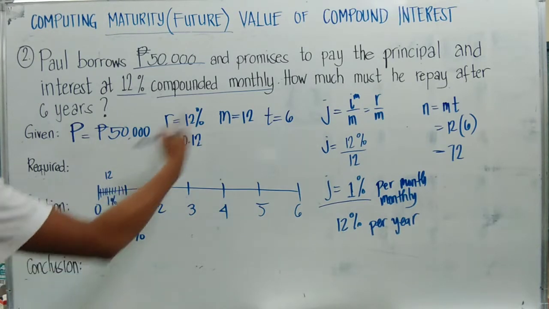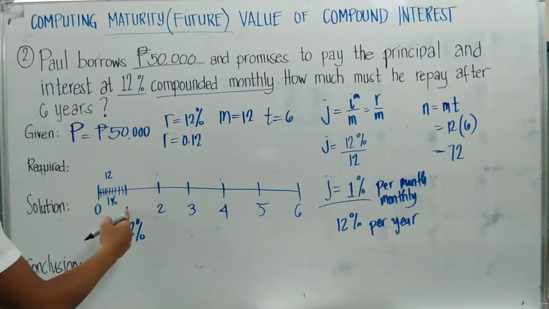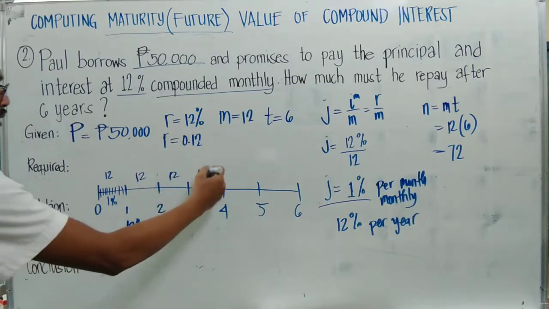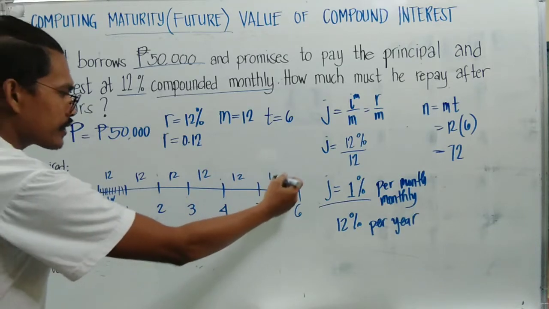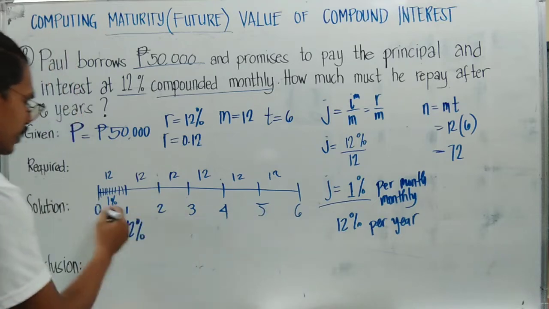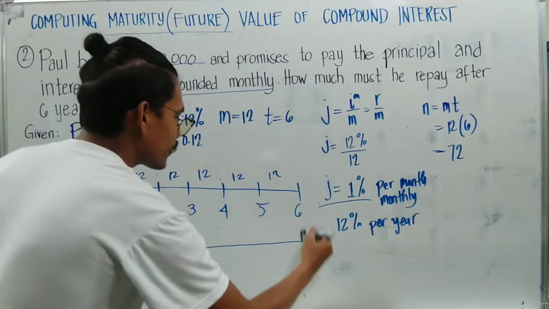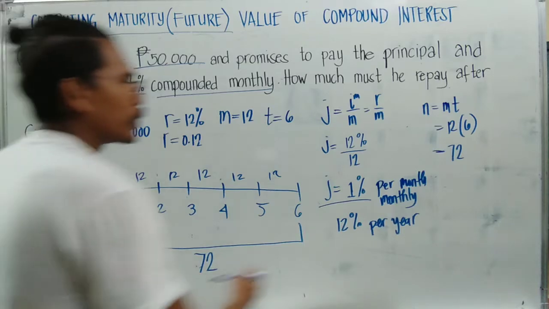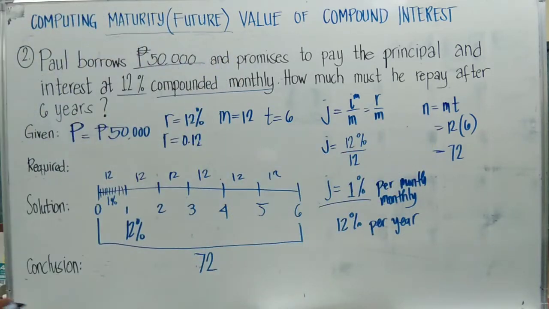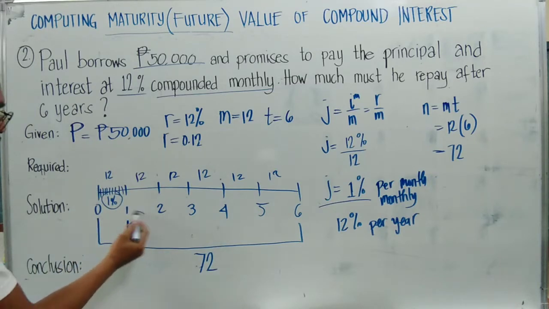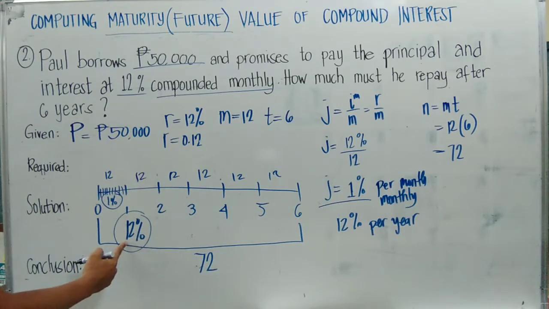Okay? So, in our case, each year consists of 12 conversions or frequency. So, in total, we have 72. From 0 to 6, we have 72, and that is your N. Your J is 1%. Your R or i raised to m is 12%.